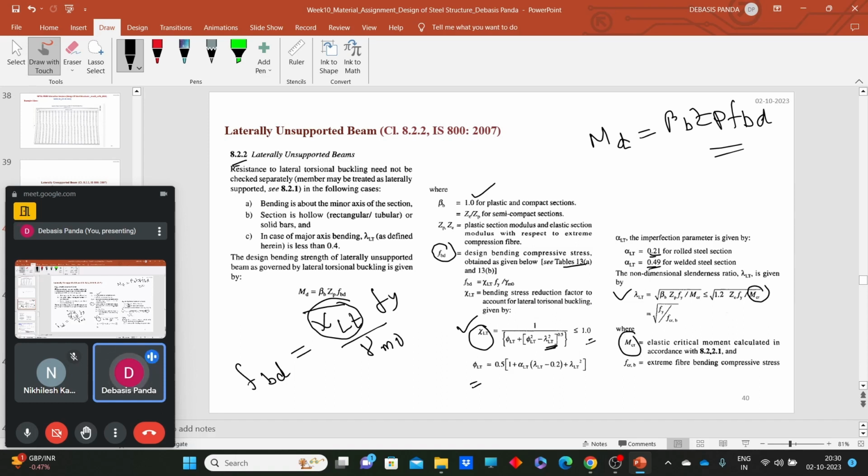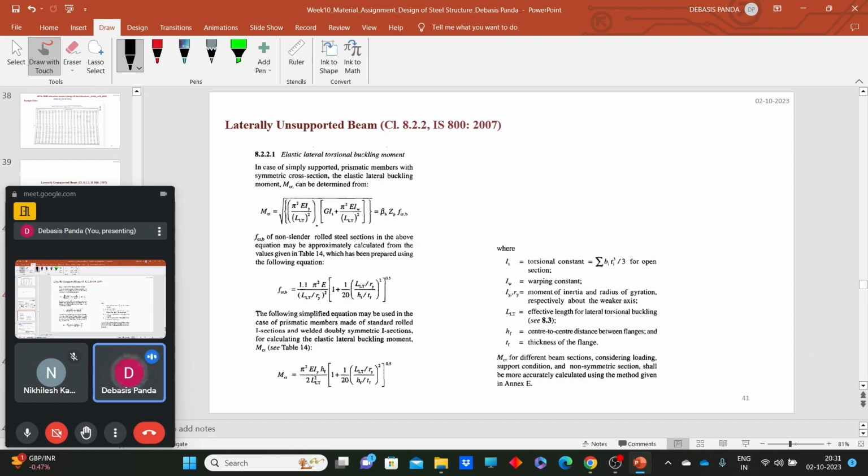Now, how can we calculate this? We can calculate it using the formula in 8.2.1, where the formula is given. So to calculate the design bending strength of a laterally unsupported beam, either we can follow these formulas or we can directly get the values from the table.